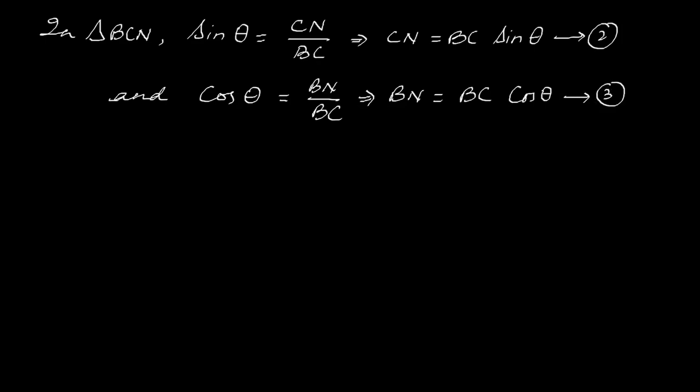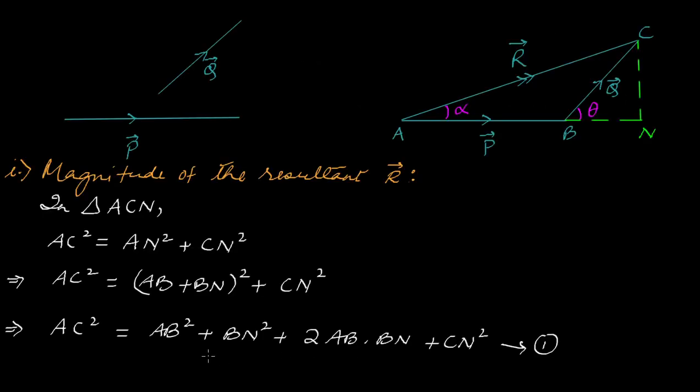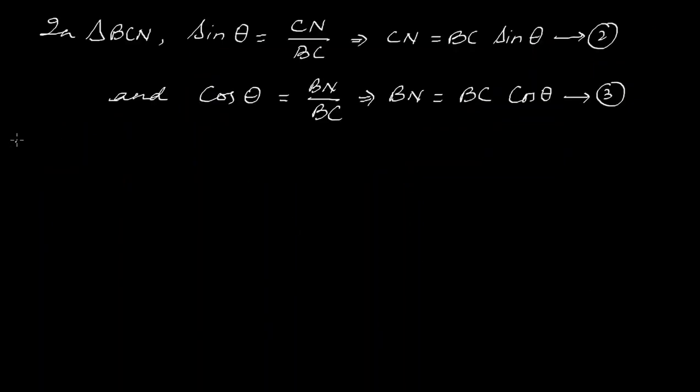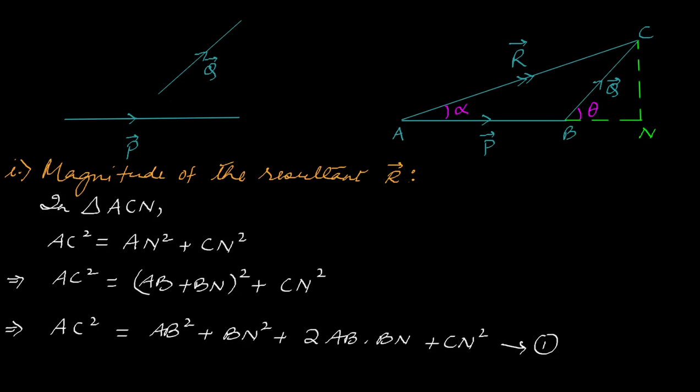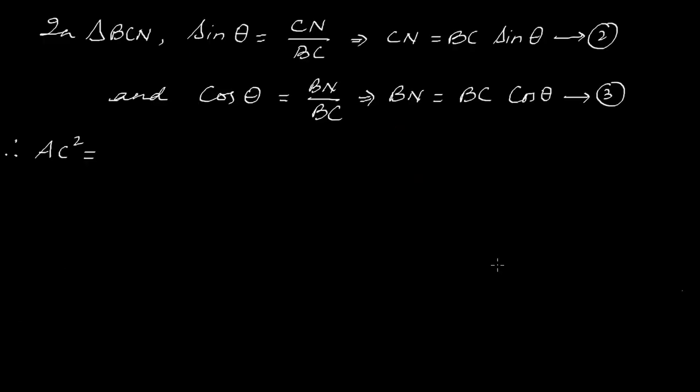So in this expression, instead of CN and instead of BN, we will substitute with equation 1 or equation 2. So therefore you have AC square is equal to AB square plus BN square. But what is BN? BN is this.